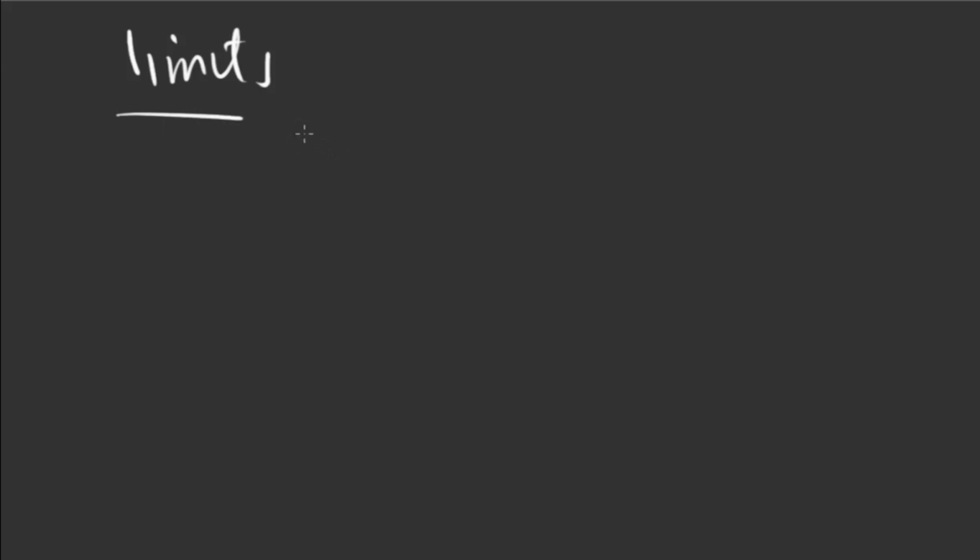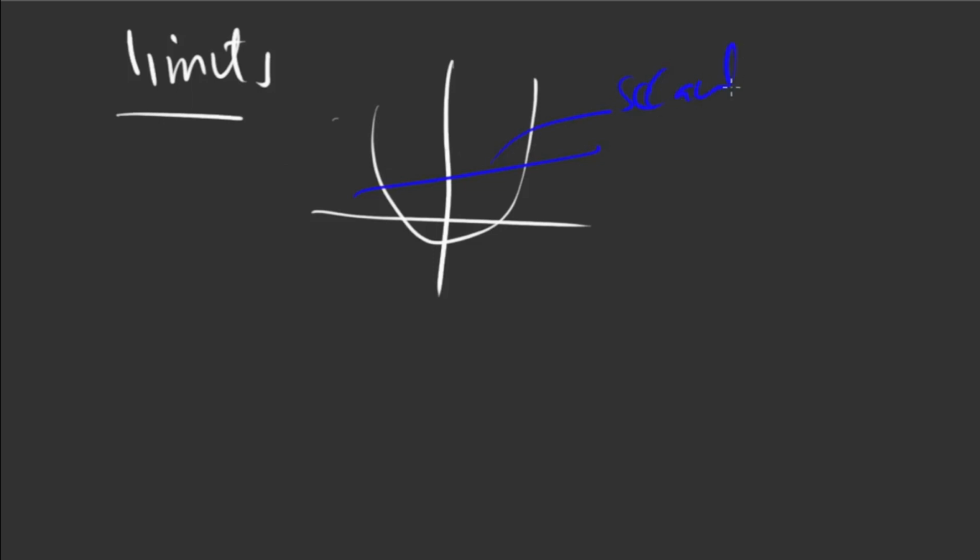But let me just give you a small recap on the secant and tangent. We said that if there's a graph of this form and you have a line joining 2 points, that line is a secant line, joining point P and point Q on this graph.